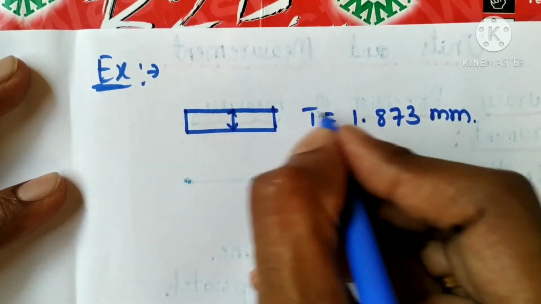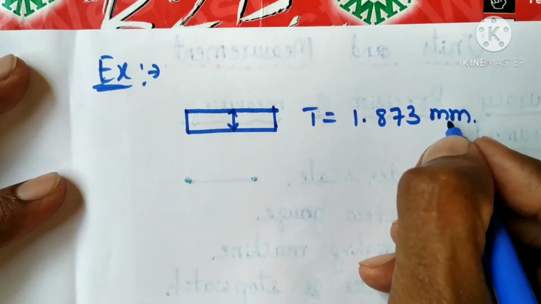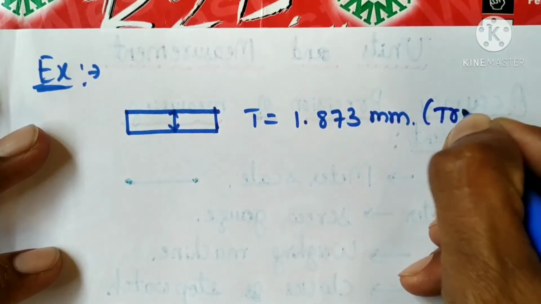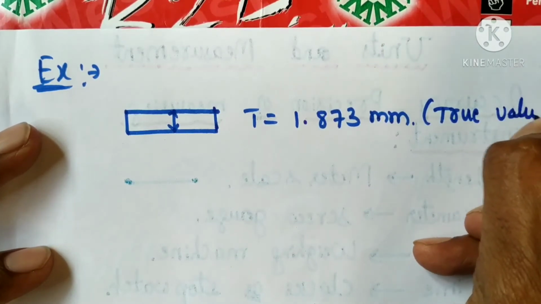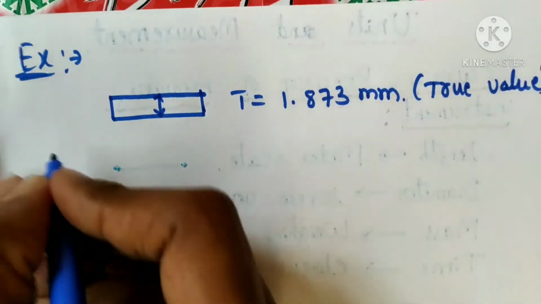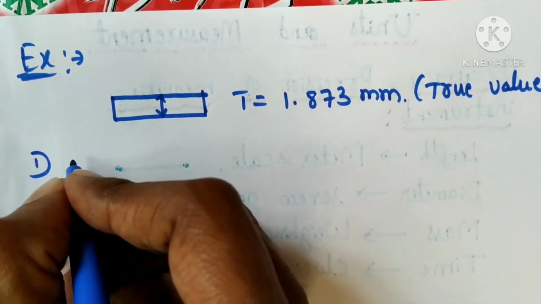So there is a wooden block, its thickness is 1.873 millimeter. So this is a true value or standard value.